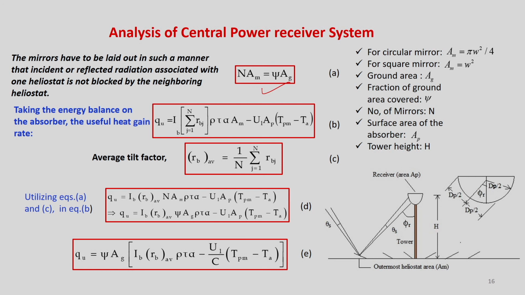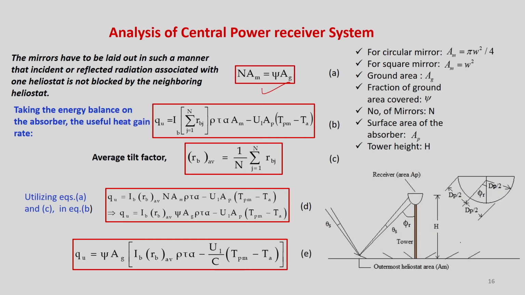So, the mirrors have to be laid out in such a manner that the incident or reflected radiation associated with one heliostat is not blocked by the neighboring heliostat. That we should keep in mind.